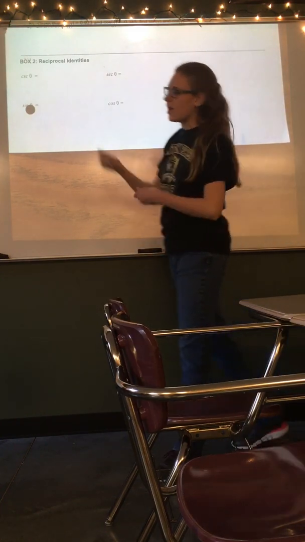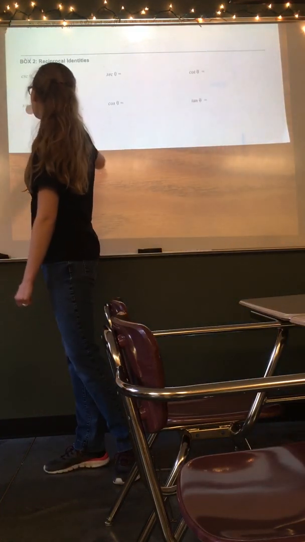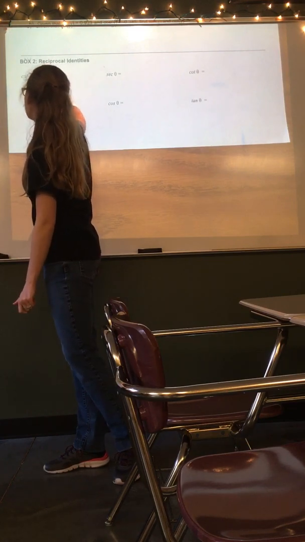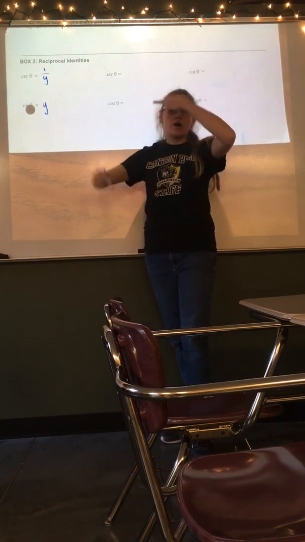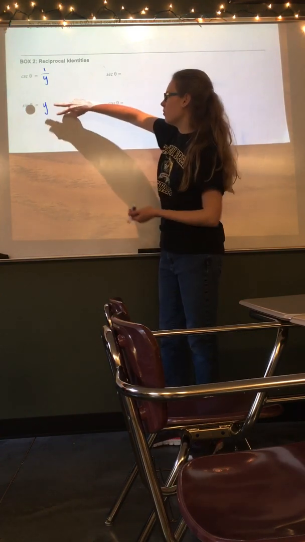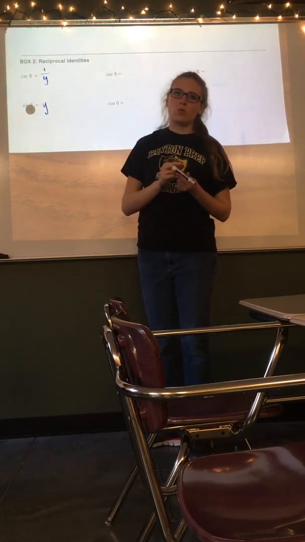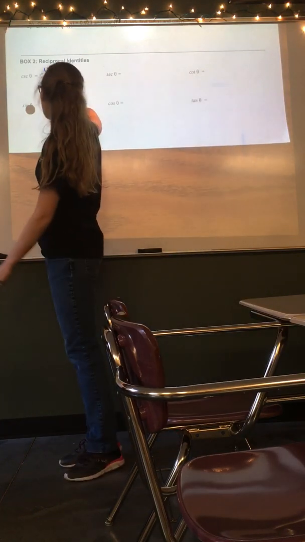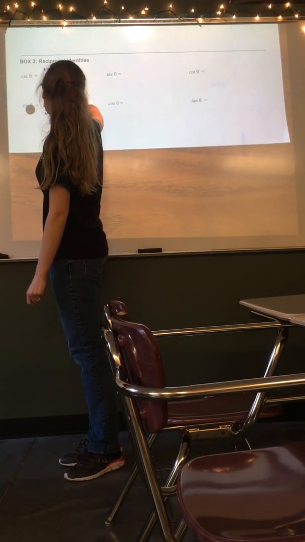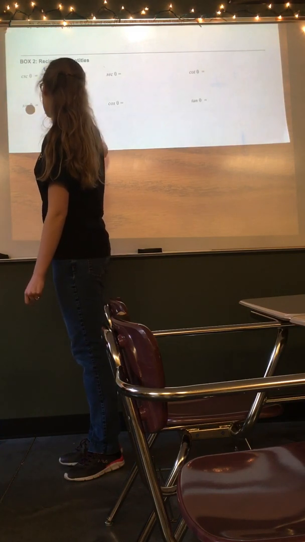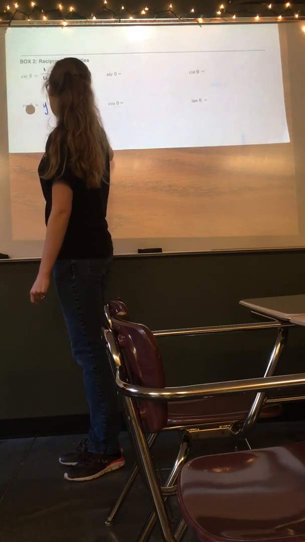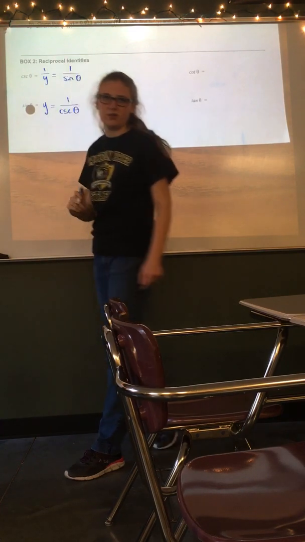We know that sine is y, and cosecant is 1 over y, yes? So these two are reciprocals of each other. One is y over 1, the other is 1 over y. So we can say that cosecant is the reciprocal of sine, and sine is the reciprocal of cosecant.